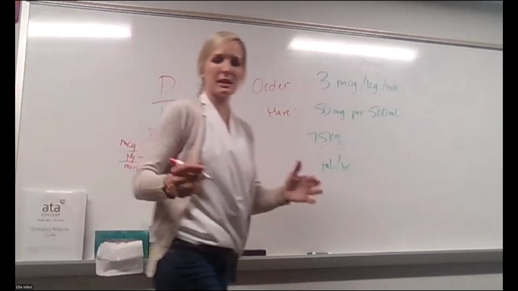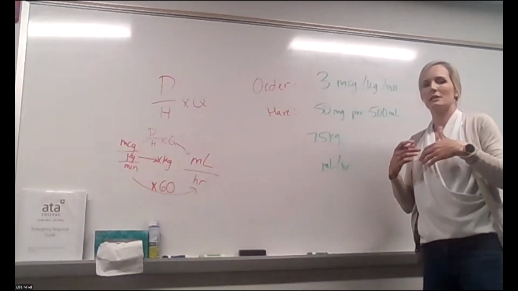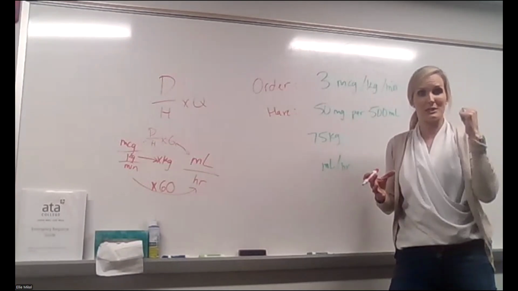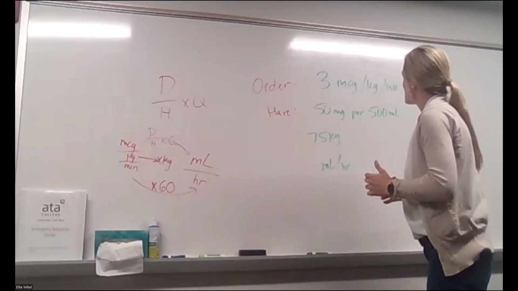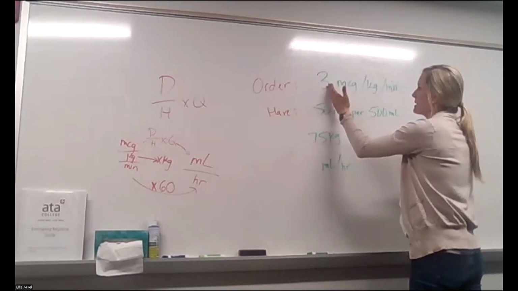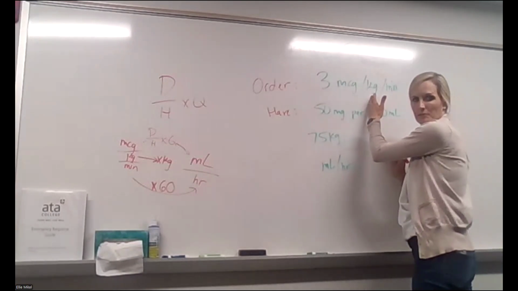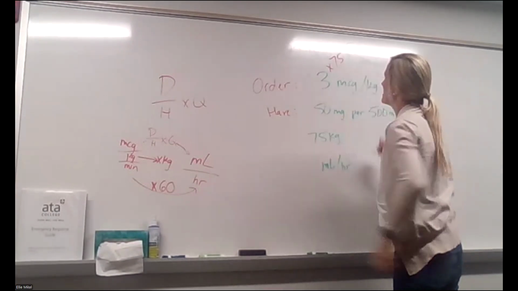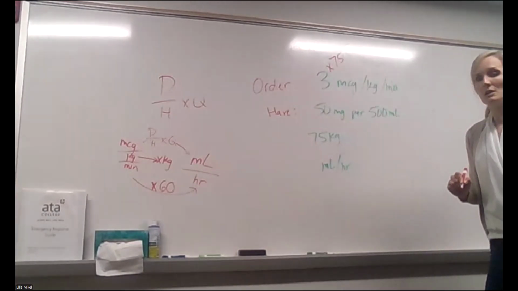So let's plug that in. I'm just going to start with my additional steps so that then it can look like the most recent question that we did. If they need 3 micrograms per kilogram, that means they need 3 micrograms for every one of those 75 kilograms.